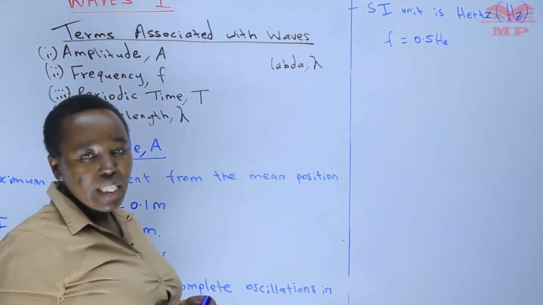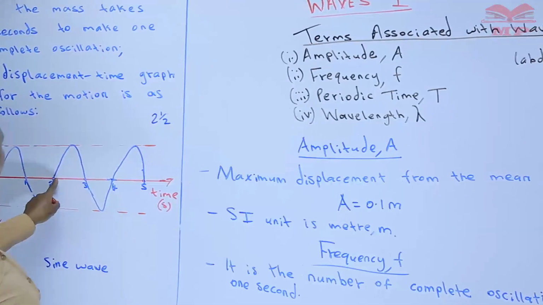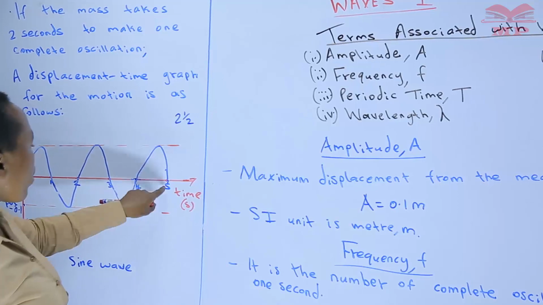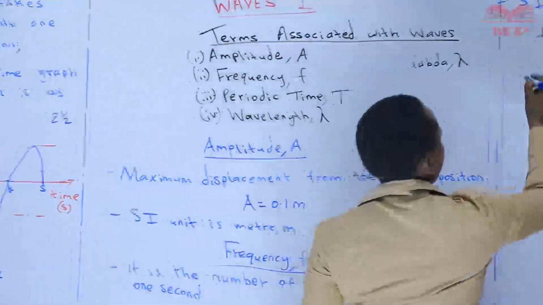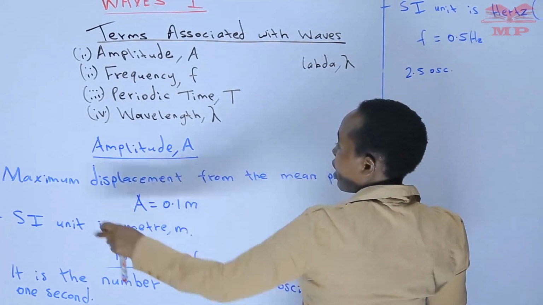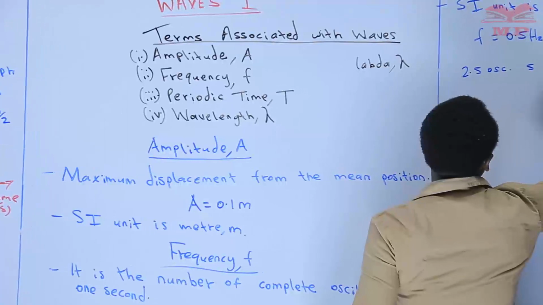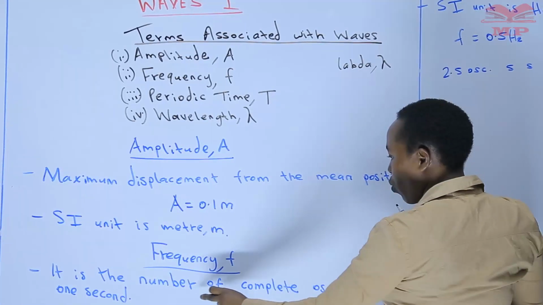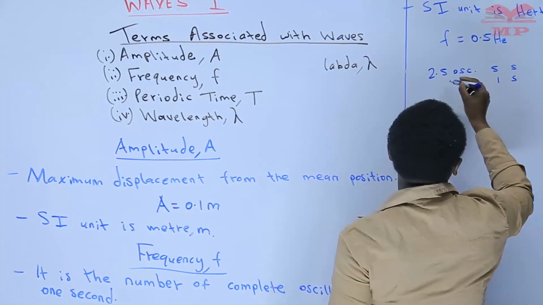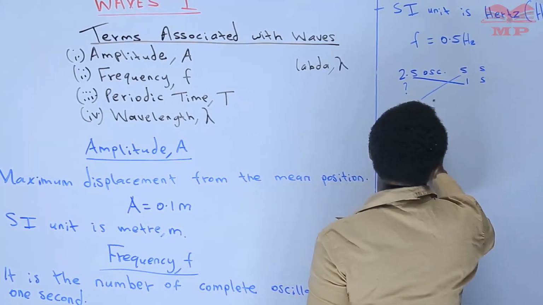Or we can approach it this way. How many oscillations do we have in total? 1, 2, 2.5. So we have 2.5 oscillations, and they are covered in how many seconds? In 5 seconds. So we ask ourselves, what about in 1 second? How many oscillations are these? So we'll just cross multiply.